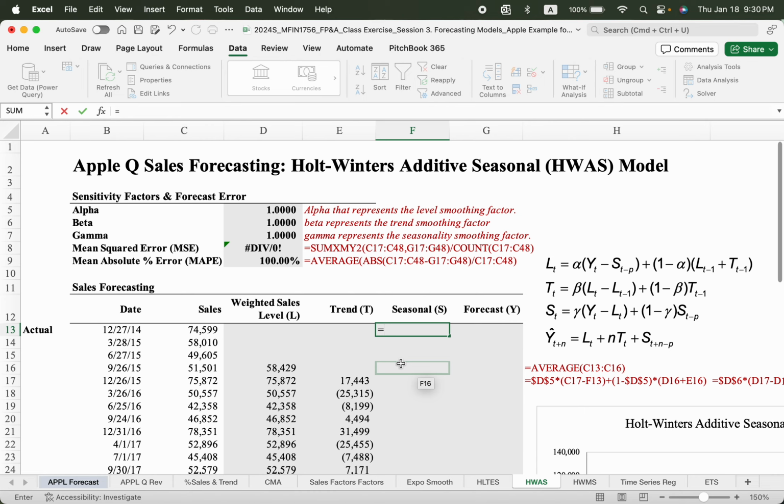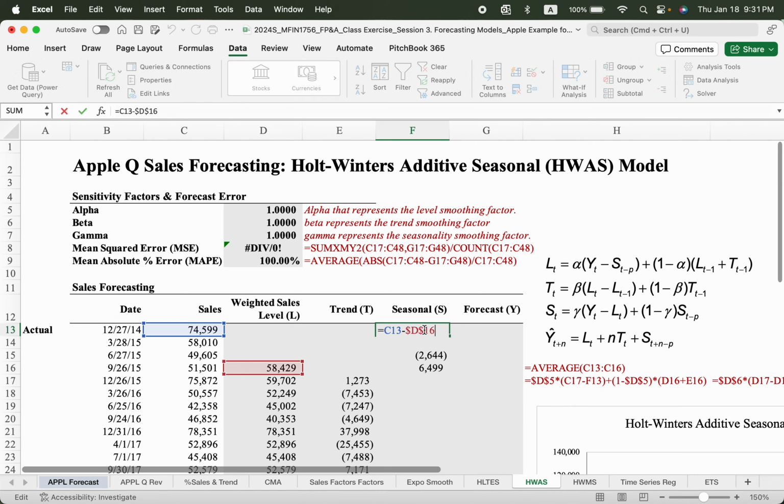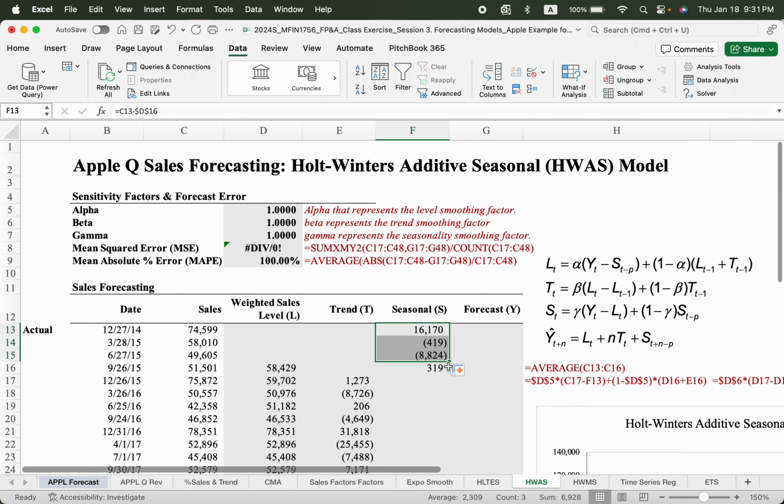So how to calculate it? Now the actual sales minus the pure sales level, right? So that we assume that difference is the seasonality, right? And then let's drag it down only this 1 quarter, right? Oops, we need to definitely fix this. These 4 other quarters of the year.